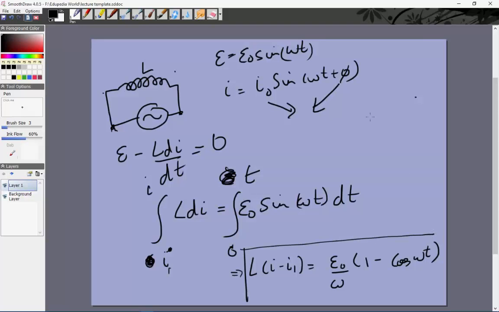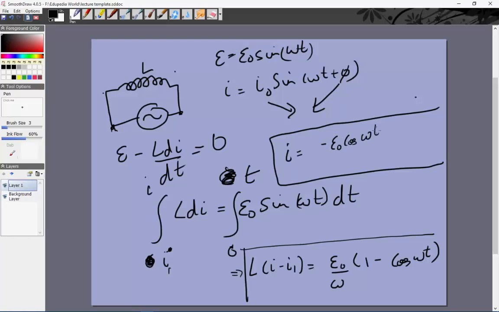If we rearrange it a little bit, we can see that I is equal to minus E naught cos omega t by omega L plus E naught by omega L plus I1.